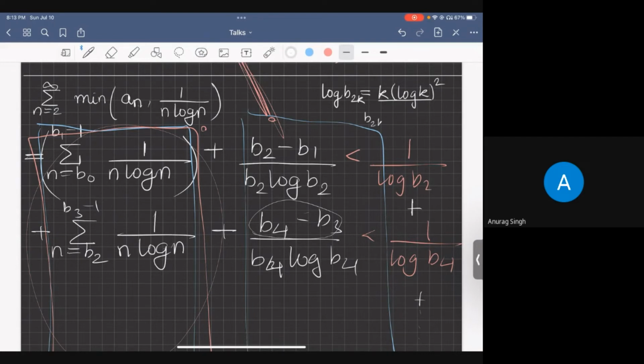So it suffices to take 2 raised to this. Just an example. We can also consider the integral of 1 over x log x. That'll be log log, and I think that gives us enough space.